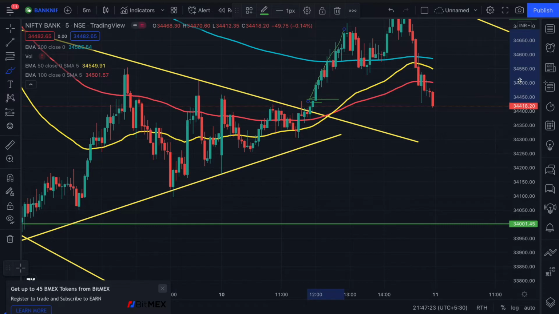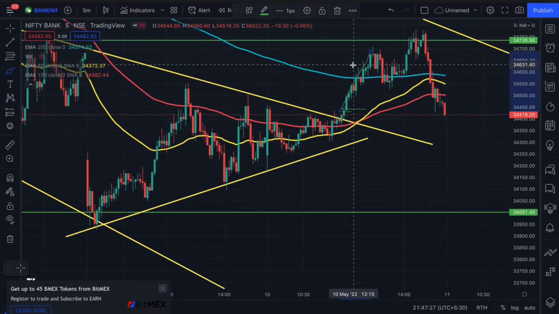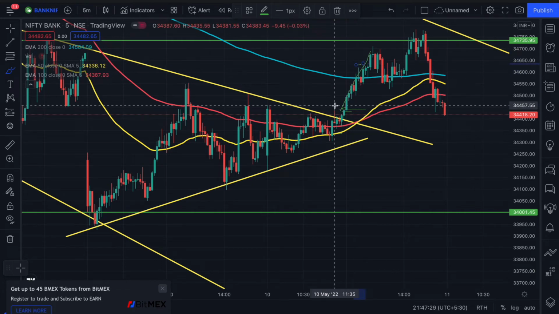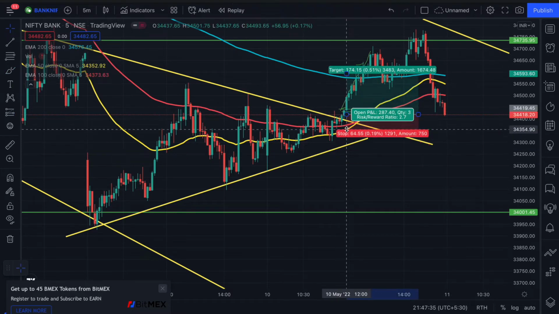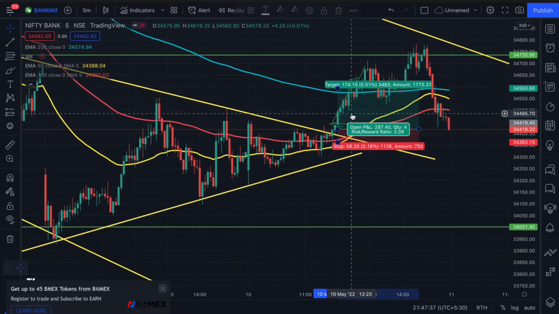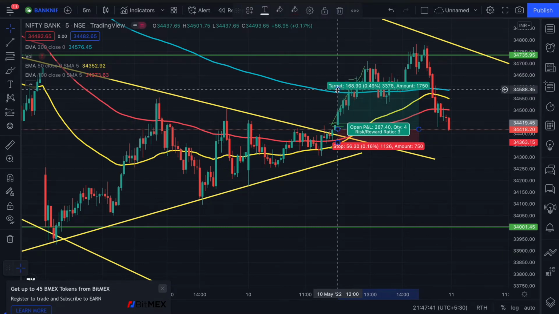You can see this very clearly. I booked at around 34,620 after getting 1 is to 3 properly, right? So my trade was just around this much. Here is my stop loss, and this is my target of around 1 is to 3. You can see this clearly.